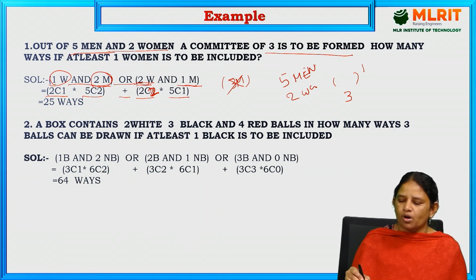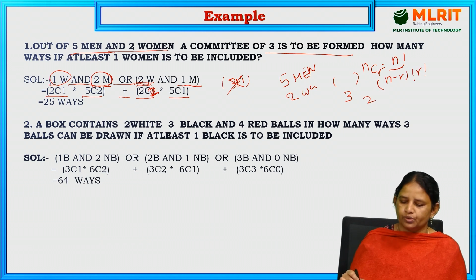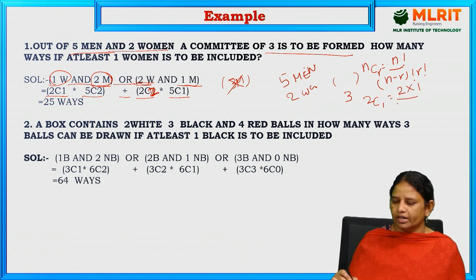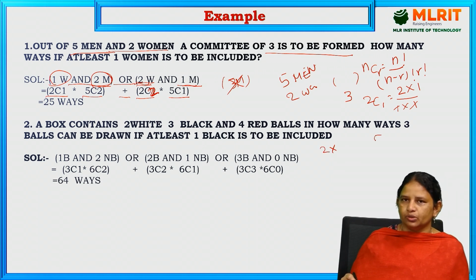What is the formula of nCr? n factorial divided by (n minus r) factorial into r factorial. 2C1 means 2 factorial, divided by 1 factorial into 1 factorial, so 2C1 is 2. 5C2 is 5 factorial by 3 factorial into 2 factorial.